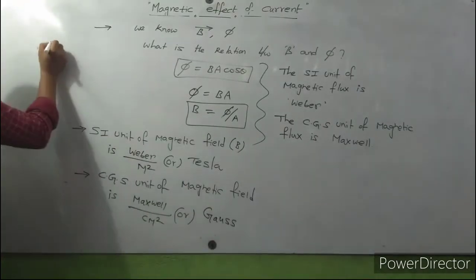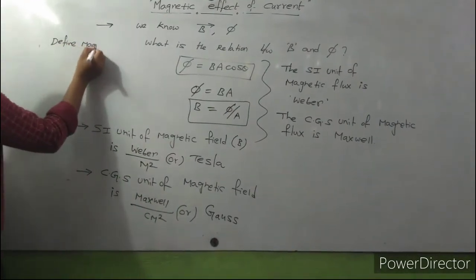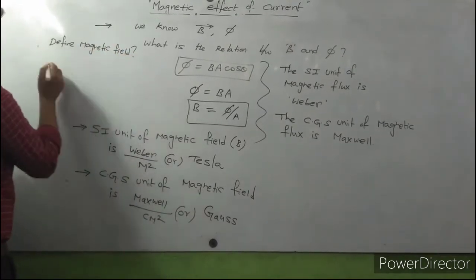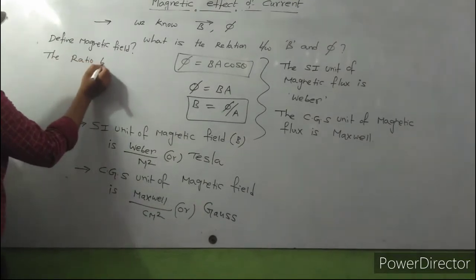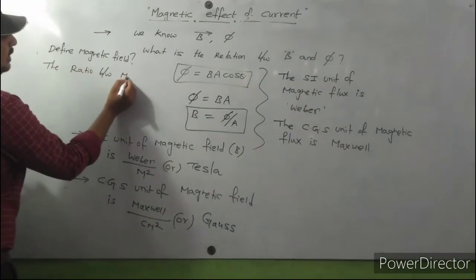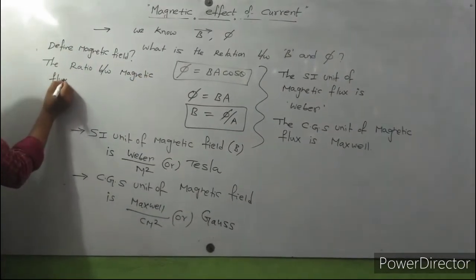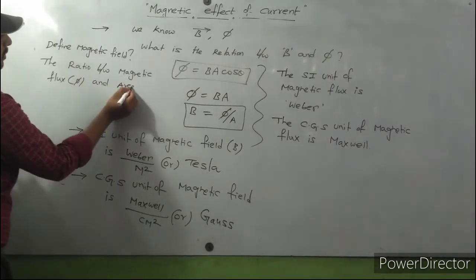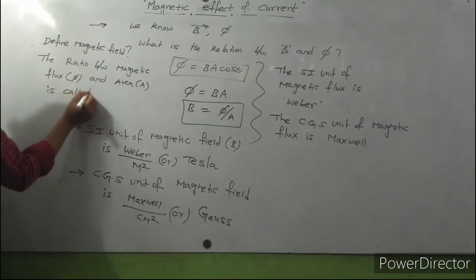Sometimes they are asking to define magnetic field. How to define magnetic field? The ratio between magnetic flux and area is called magnetic field.